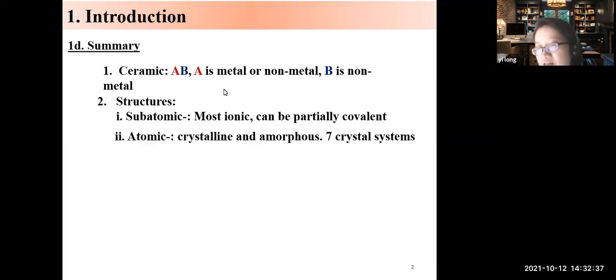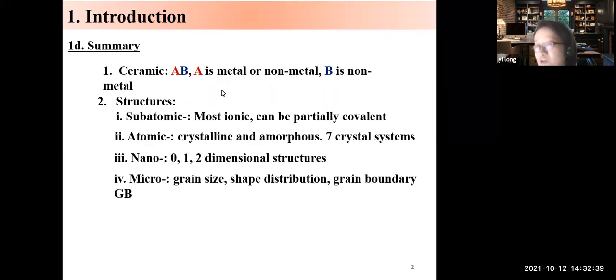I hope you have this big picture already, because we are preparing you for your final year project. You have to be very clear what you're presenting to your supervisor and your examiner. Are you telling them it's a subatomic structure, whether it's ionic or covalent, or are you talking about atomic structures, which is either crystalline or amorphous, or nanostructures, 0D, 1D, 3D special structures?